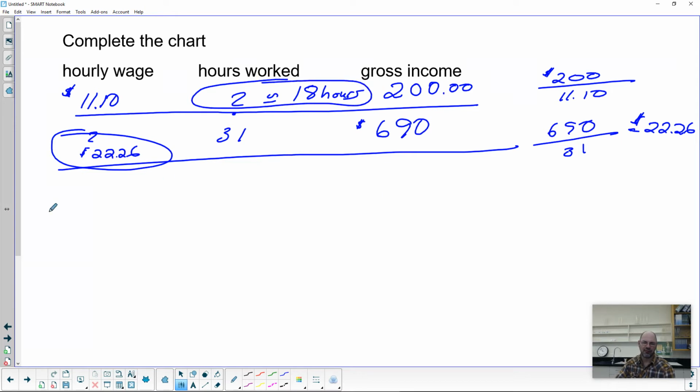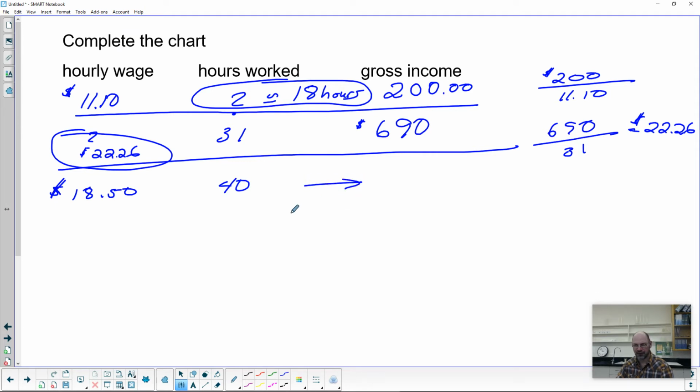And they might even ask you one where they give you the wage. Let's say it's $18.50 an hour. They give you the number of hours, let's say 40, the typical work week.